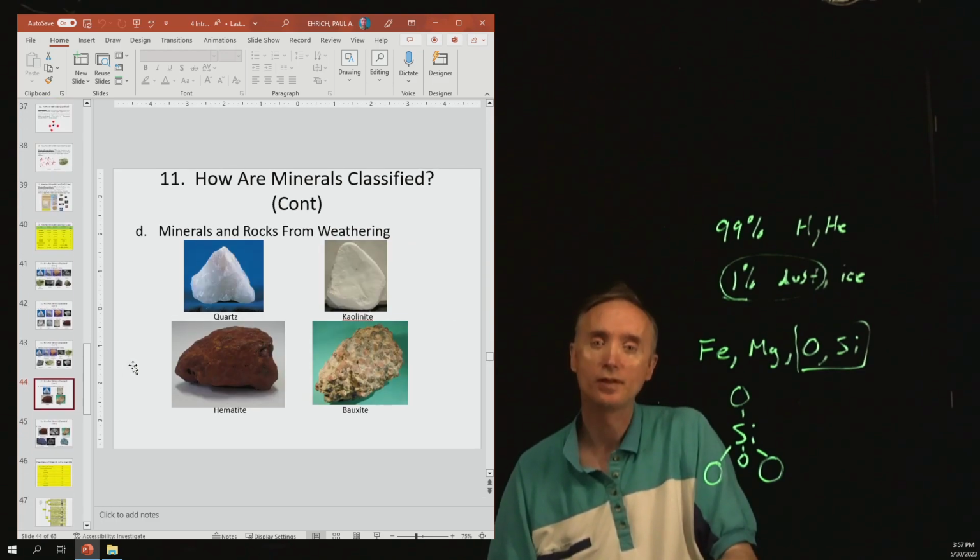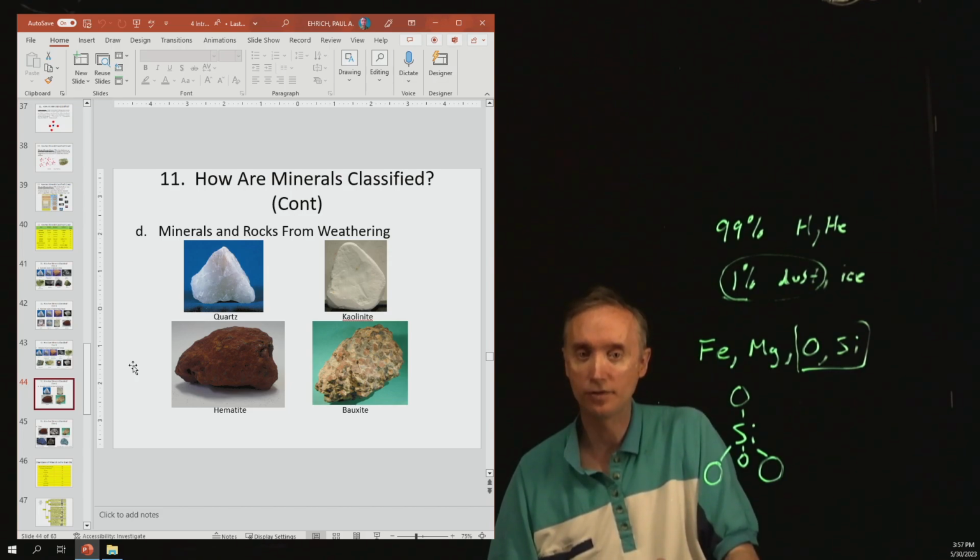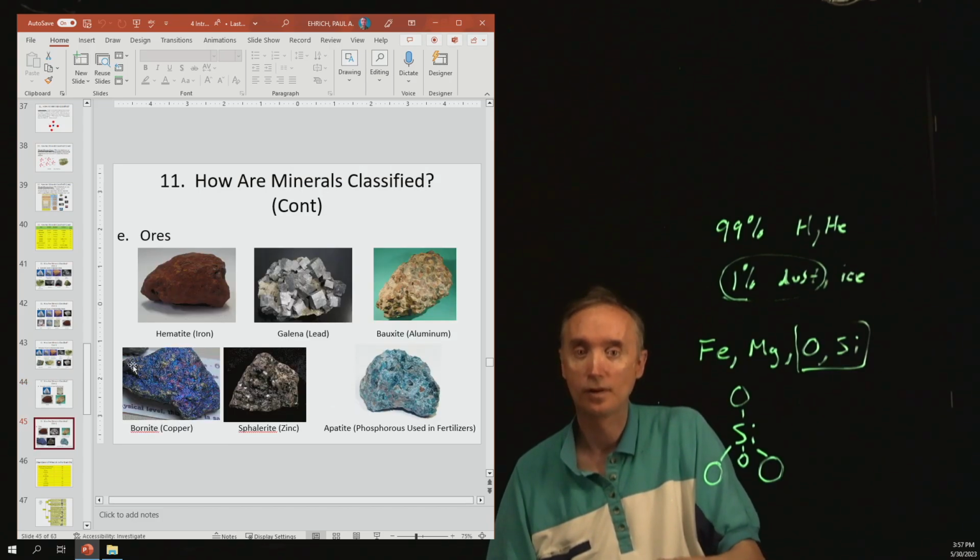Then you should know, for example, that aluminum comes from bauxite. So know that for the exam. You should also know that iron comes from hematite, so rust. Let's see.